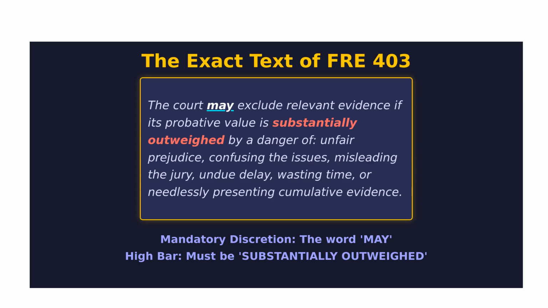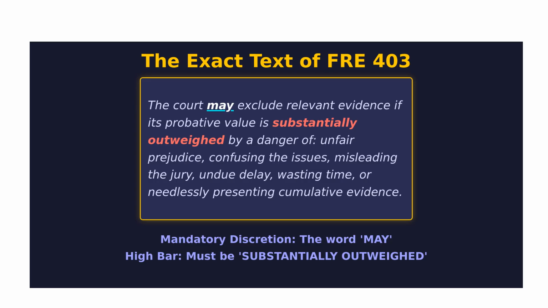We now turn directly to the precise language of Federal Rule of Evidence 403, the rule establishing this crucial balancing test. It states, "The court may exclude relevant evidence if its probative value is substantially outweighed by a danger of one or more of the following: unfair prejudice, confusing the issues, misleading the jury, undue delay, wasting time, or needlessly presenting cumulative evidence."